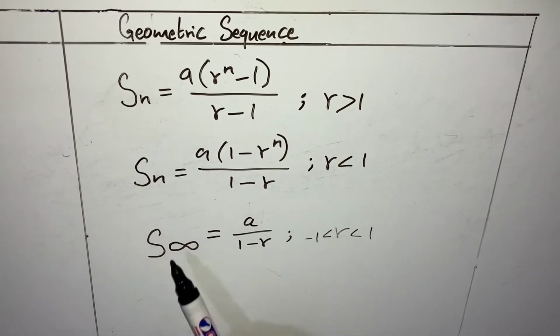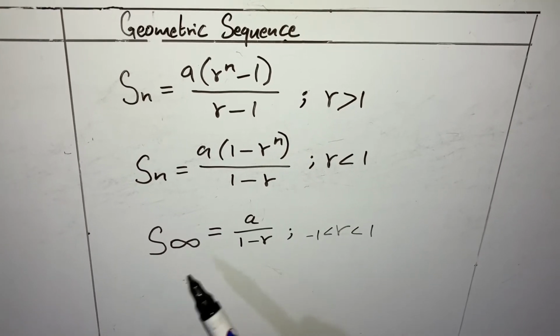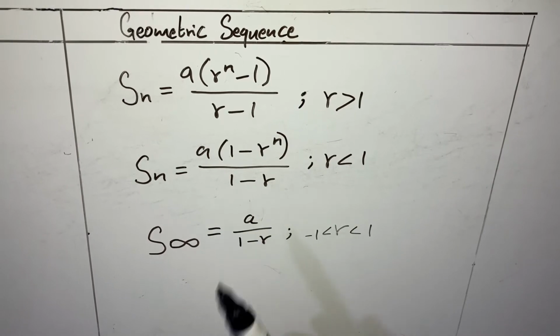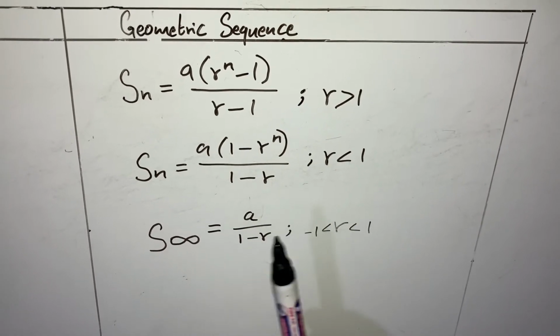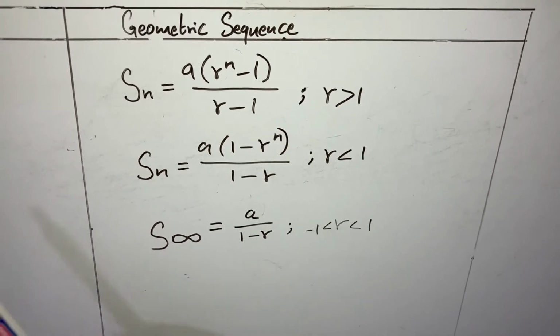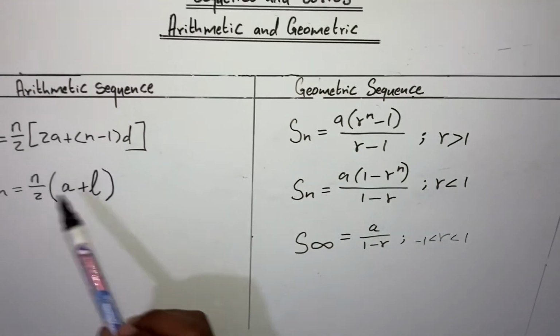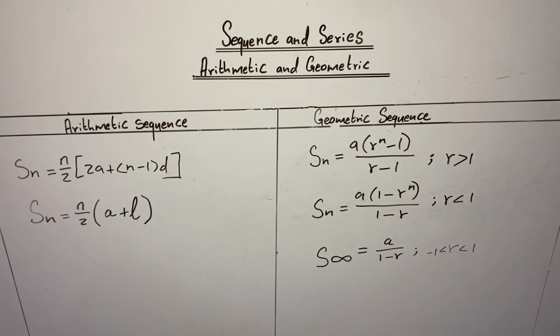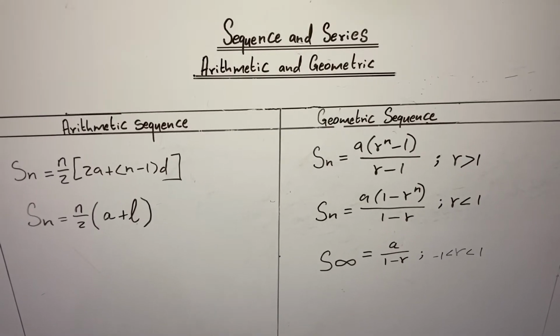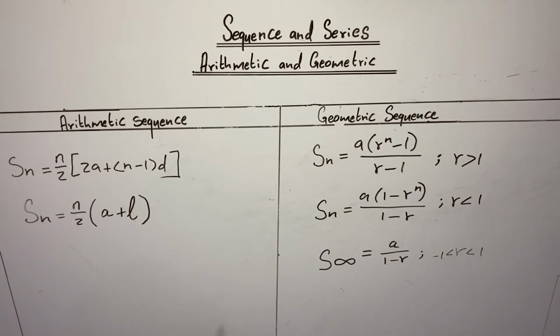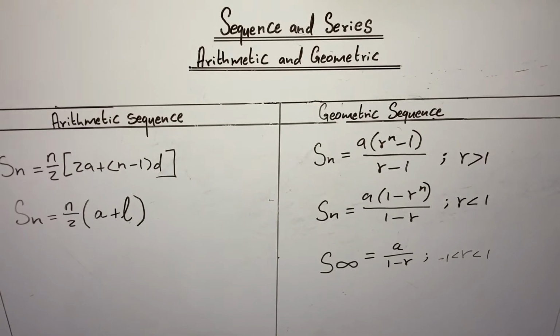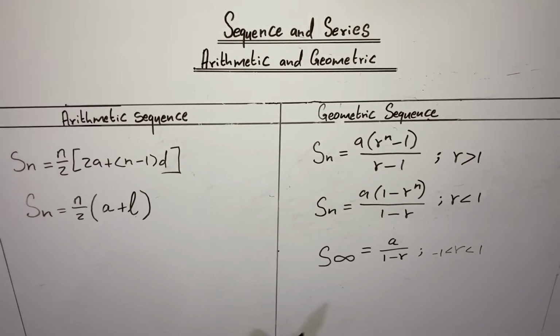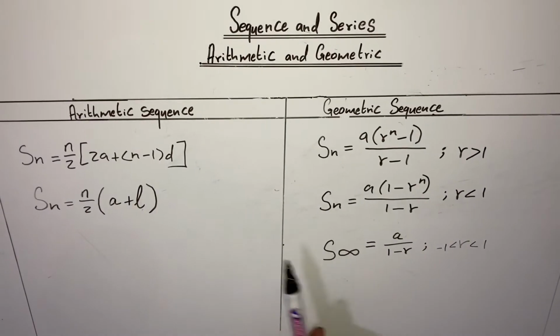And for the sum to infinity, we must note that it only exists for a geometric series. We don't find it on the arithmetic side. So these are the formulas we will be using, because now we are about to do the sums that require us to use the sum formulas.